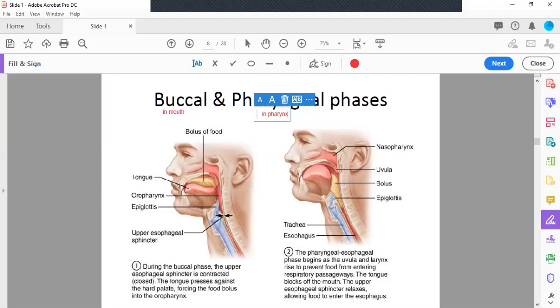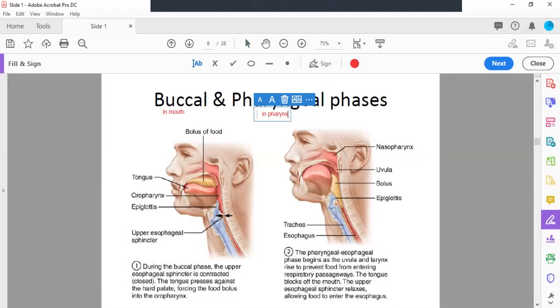So during the buccal phase, the upper esophageal sphincter is contracted. When you see the word contracted, it means closed. The tongue presses against the hard palate, forcing the food bolus to move into the oropharynx.